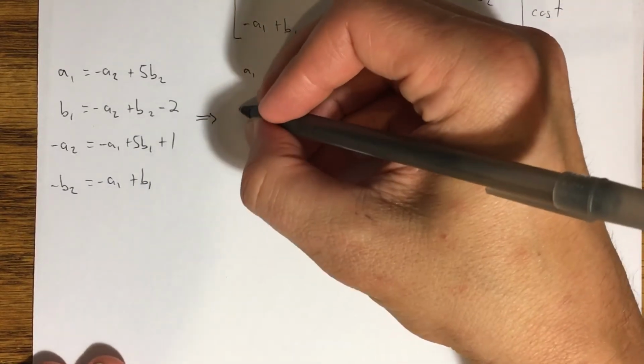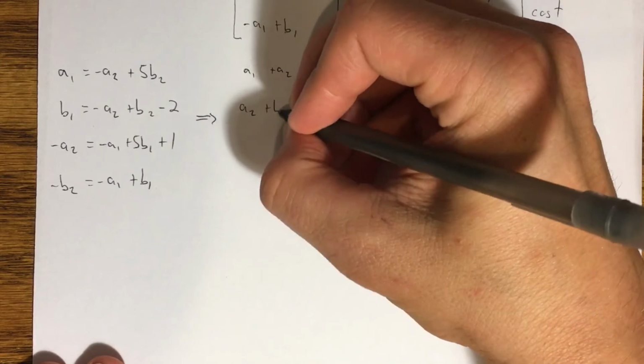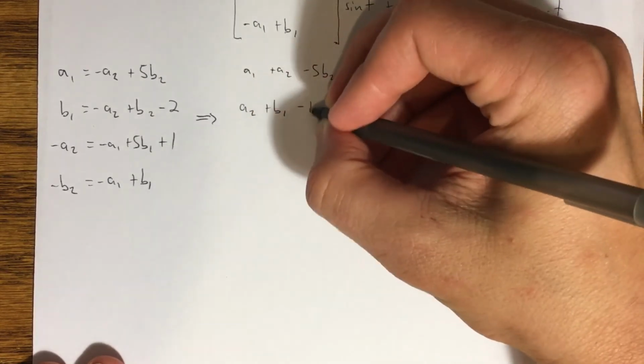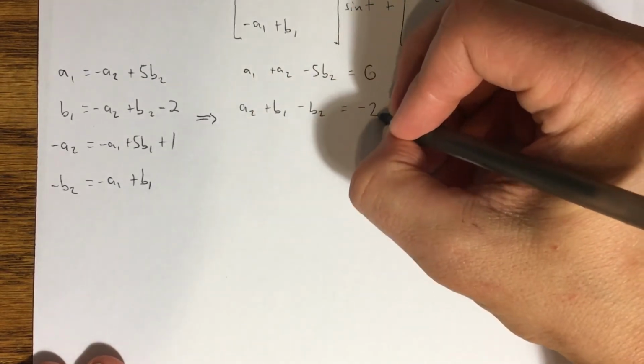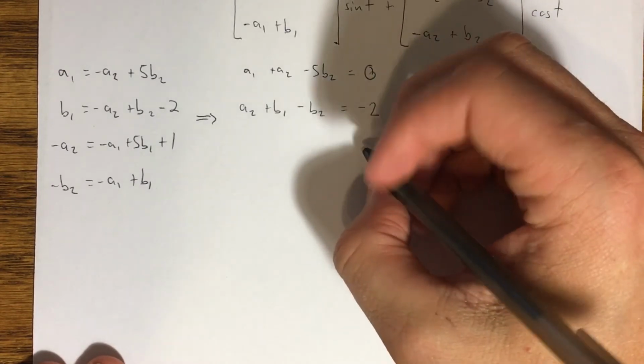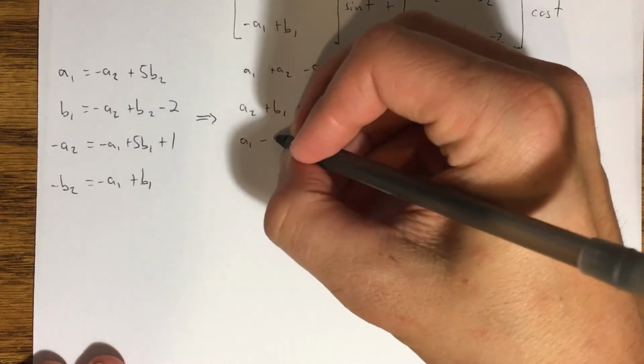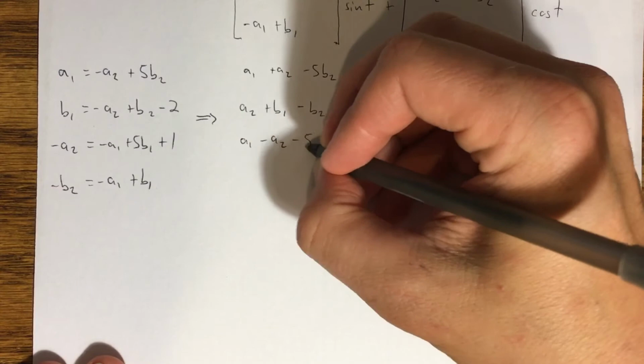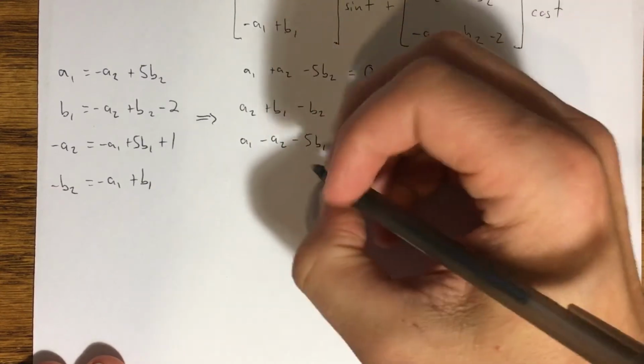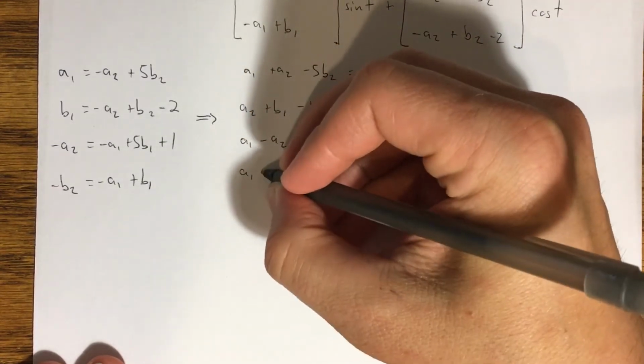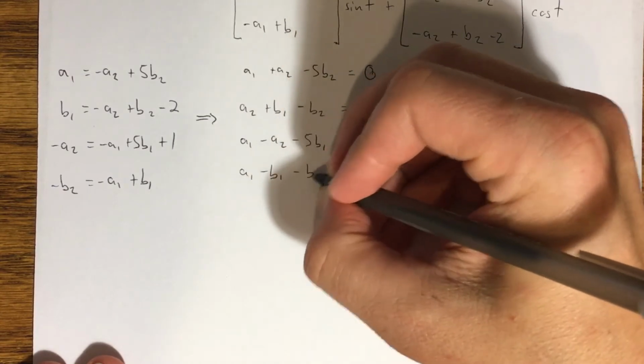And then A2 plus B1 minus B2 equals negative 2. Keep the constants on the right. A1 minus A2 minus 5B1 equals 1, and A1 minus B1 minus B2 equals 0.